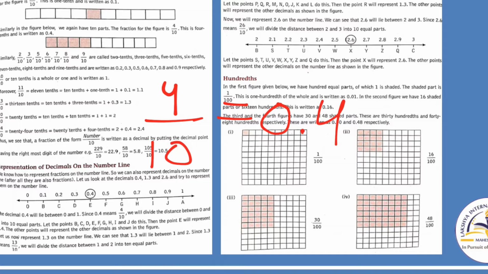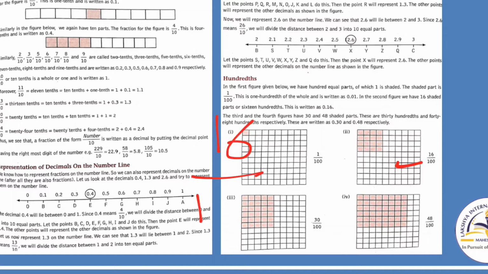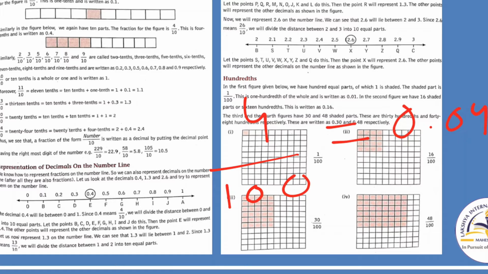Here 0.4 is the decimal value. Now for the same 100, if suppose you see 16 by 100, you can write this as 0.16. Or we will take one more example, that is 4 by 100. So you can write 0.04.